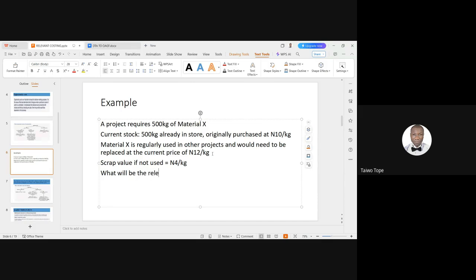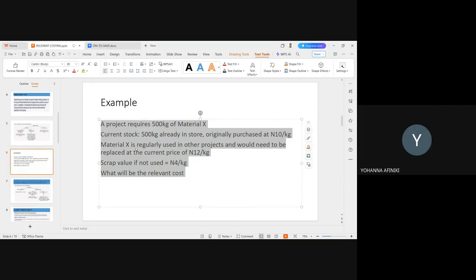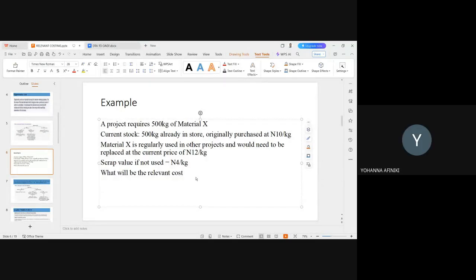This is a very simple one now. The relevant cost will be 12 naira, the current purchase price. So 12 naira, in relation to the current stock, which is in stock and constantly in use.